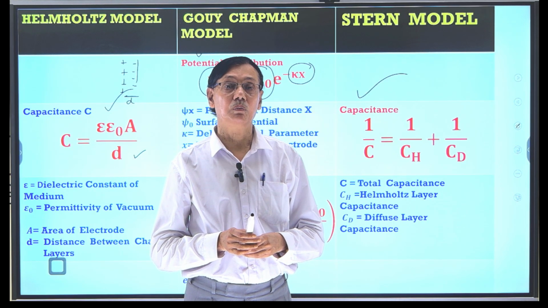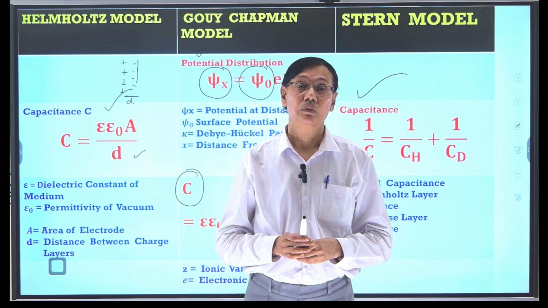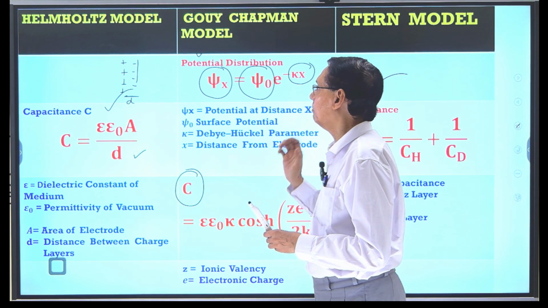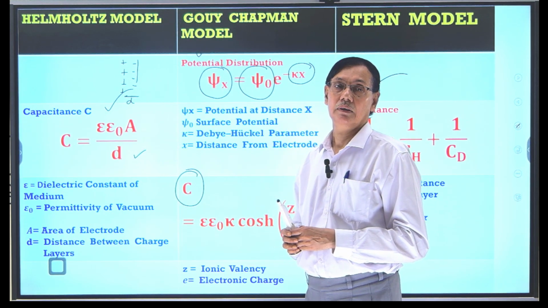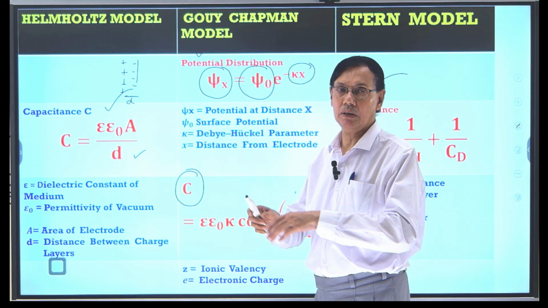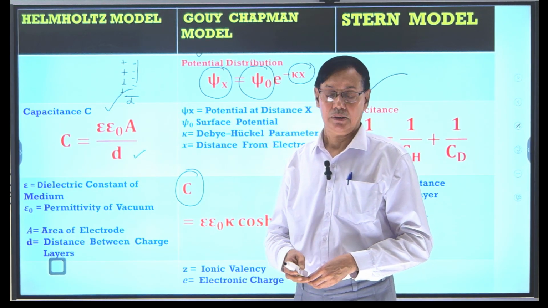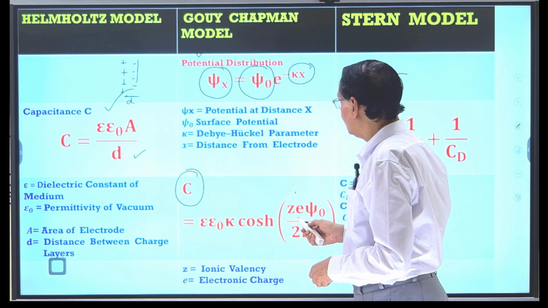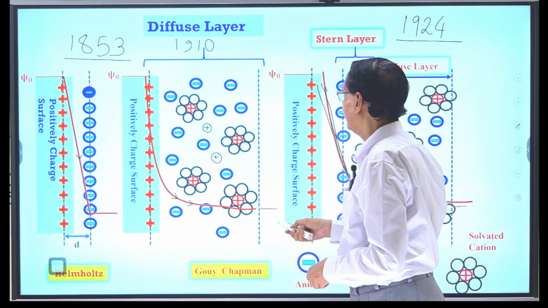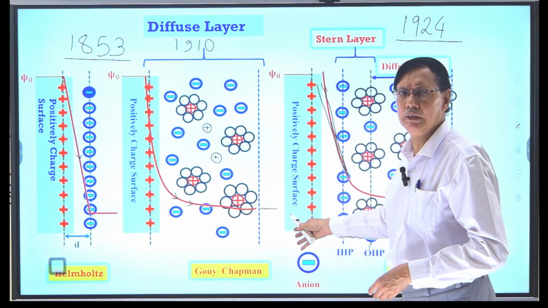And I also discussed the fundamentals of these three important models and the objective of that model. What is our ultimate objective? To determine the capacitance. And I also discussed the general interpretation of जनरल डायग्राम ऑफ दैट इलेक्ट्रिकल डबल लेयर.